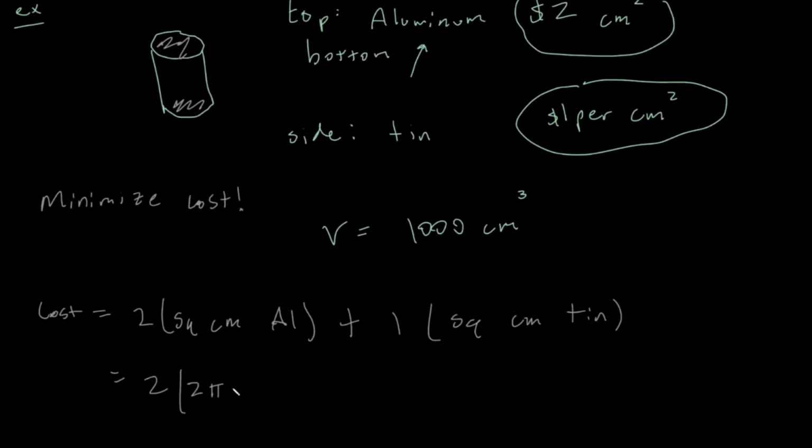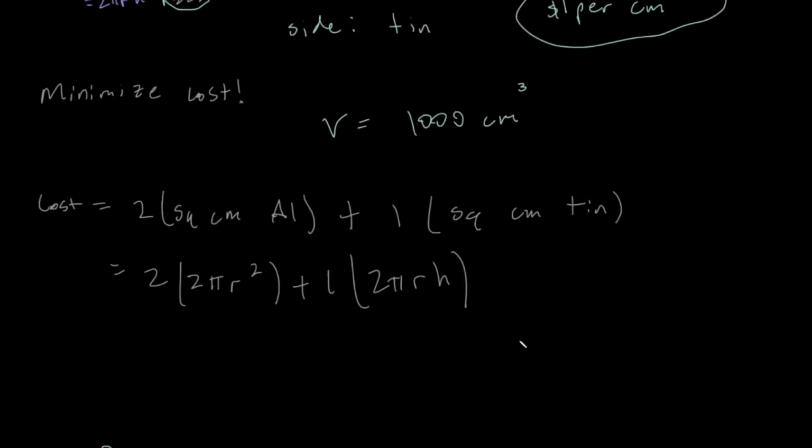And there's two of them. That's the area of both circles, and then I'm multiplying it by $2. Plus, the area of this face will be circumference times height, or 2 pi r h. And so this will be $1 per 2 pi r h square units. Do you have any questions about the cost function?